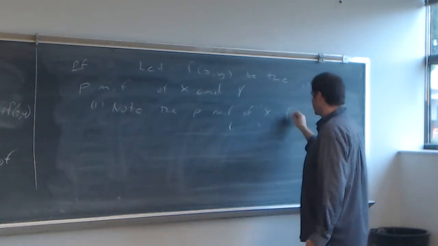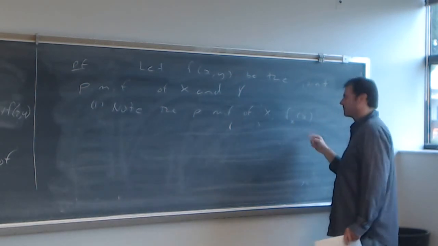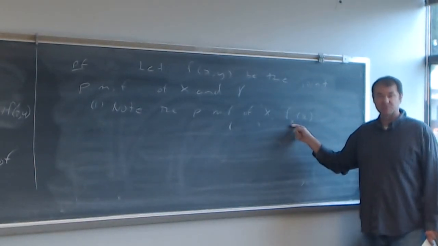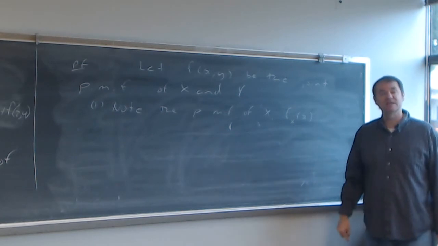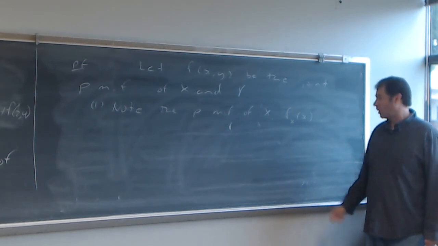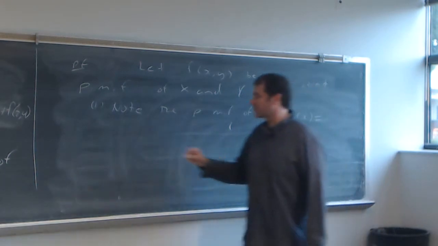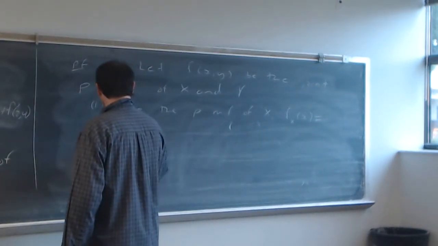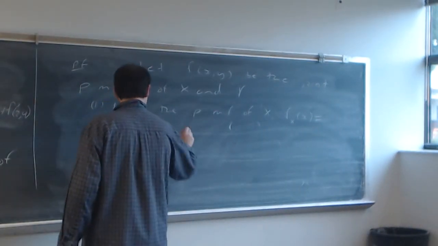Note the PMF of x, I'm going to write it down as f sub x of little x, with a subscript of big X so that I can distinguish it from the PMF of y. Well, what's it equal to? It's equal to the probability that x equals little x.